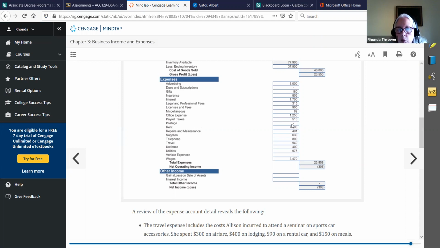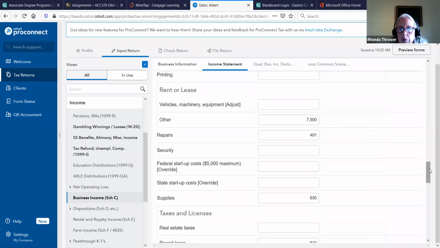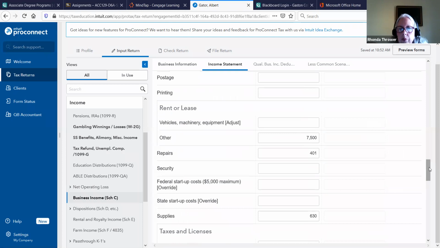So there was no postage, but there was rent of 7,500. So going back to our Schedule C, where it says rent or lease, I put in the other category 7,500.